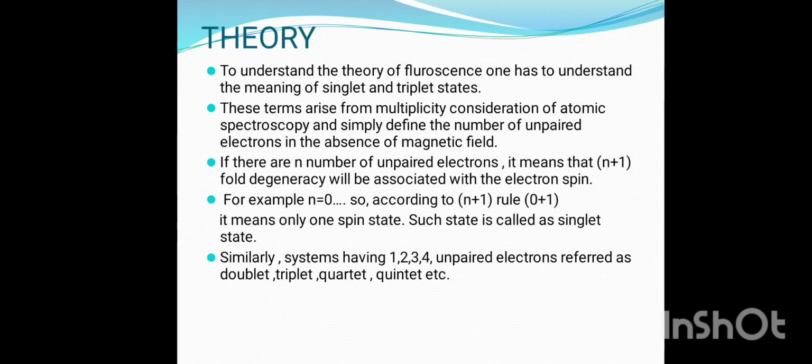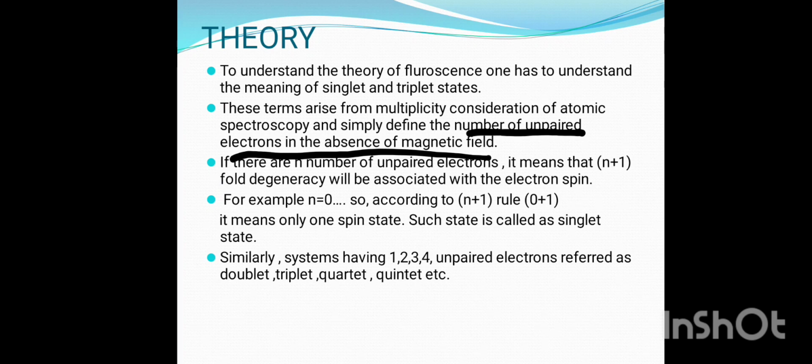We consider atomic spectroscopy and the number of unpaired electrons in the absence of a magnetic field. If there are n unpaired electrons, it means that there is n plus 1 fold degeneracy, and depending upon this we can know the spin state of the electron.